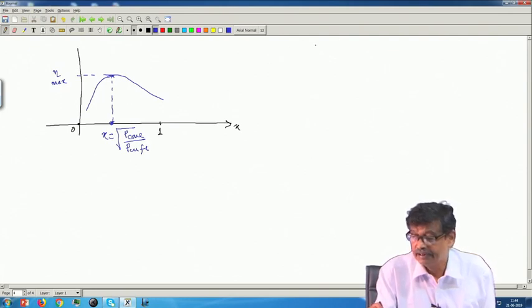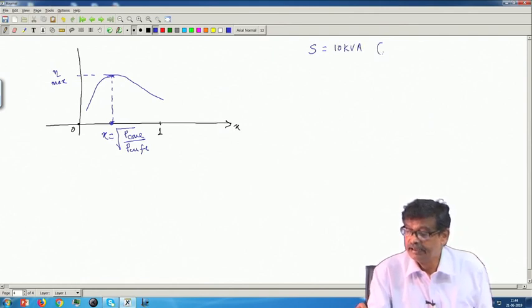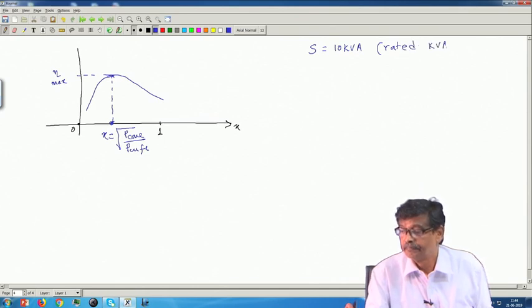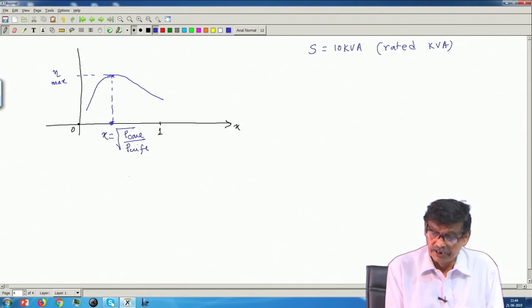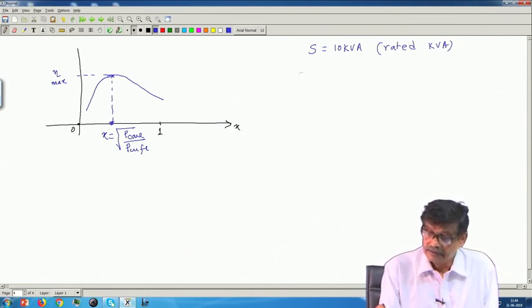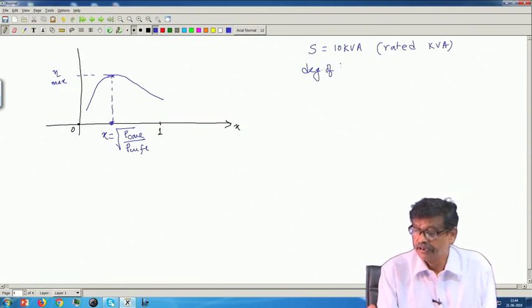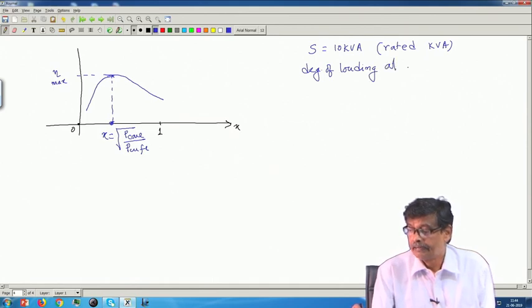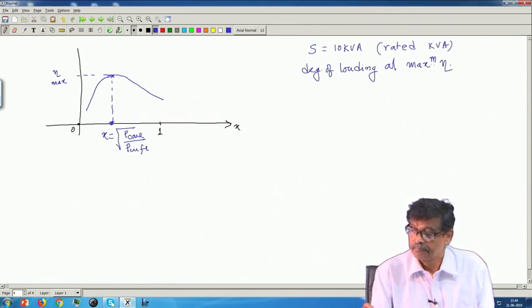Suppose I say that S is equal to 10 kVA for easy calculation, it is the rated kVA, and suppose you calculate the degree of loading at maximum efficiency. How do you calculate?